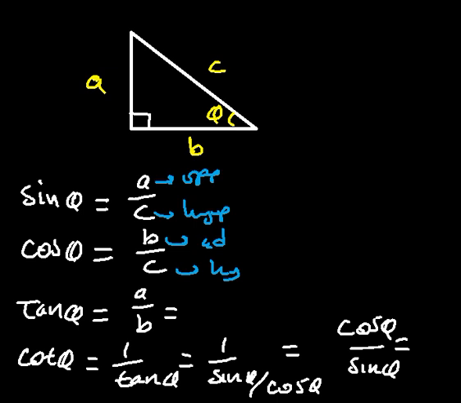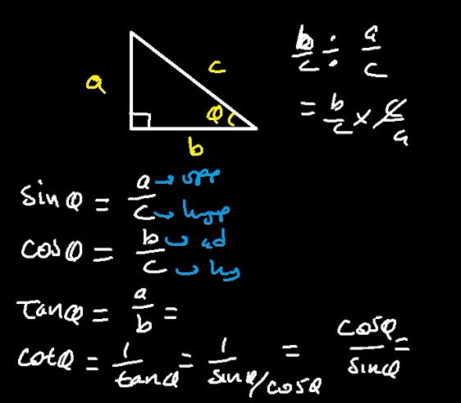Then we have to substitute. Cos theta corresponds to B over C, divided by sin theta, which is A over C. Now this is the same as B over C times C over A. So cot theta corresponds to B over A. Really, it is an inverse of tan theta. As you can see, A over B, now we have B over A. So it's just an inverse.